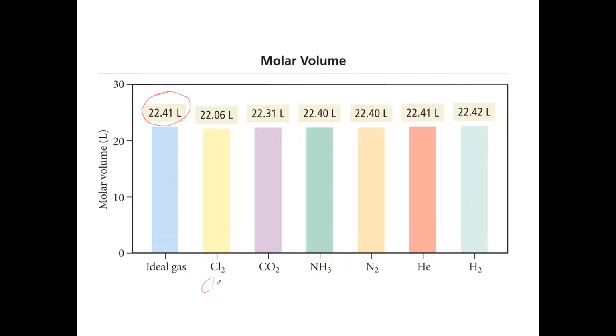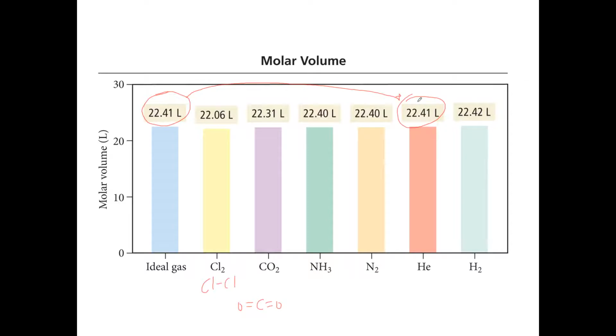Chlorine gas looks like this. CO2, carbon dioxide, is closer to an ideal gas. Ammonia is closer yet. Nitrogen gas, which is what's in the air, is very close to an ideal gas. You see that, 22.4? Helium is even closer. Look at that, 22.41.